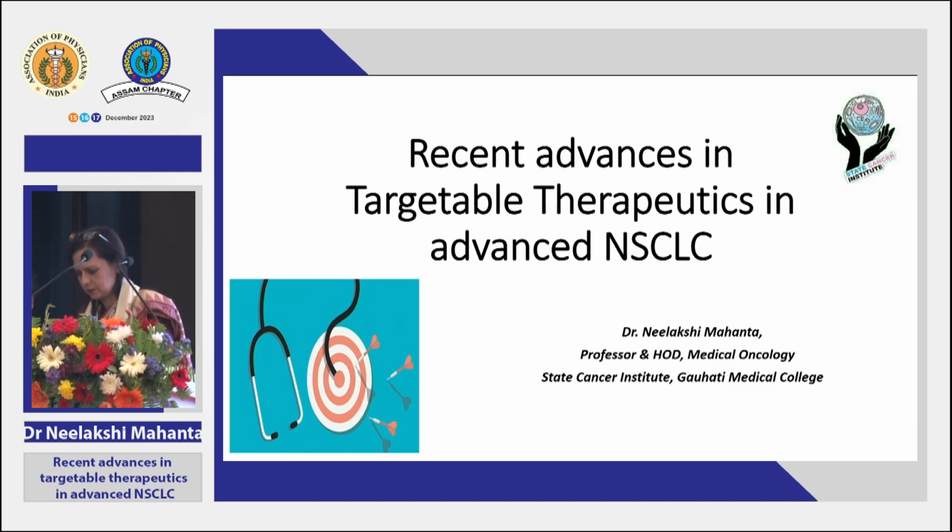But NSCLC, if we treat properly, then we can save the patient and prolong the life up to 5 years even. So with targetable therapy, what we can do, let us listen to Nilakshi, please.